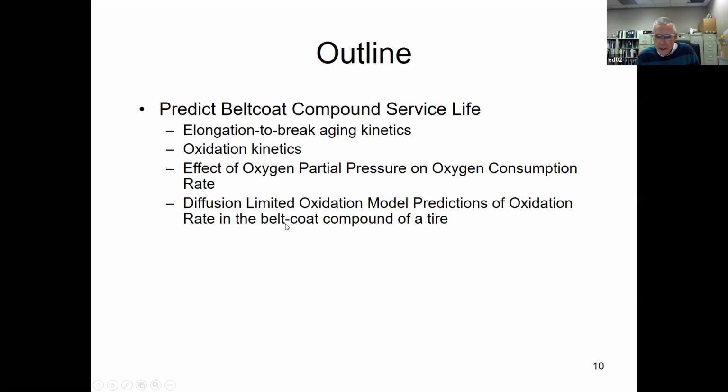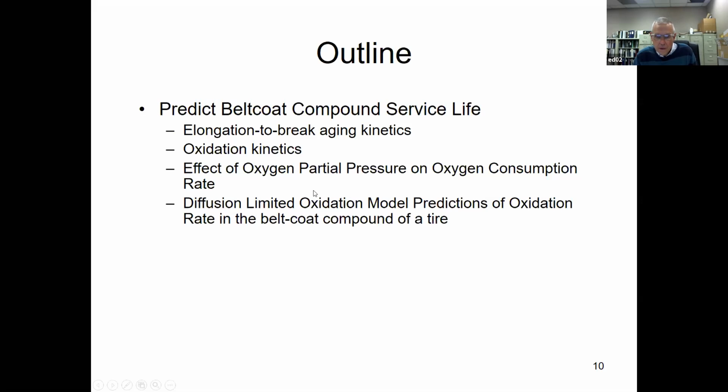The second thing we forgot to incorporate into our model is the duty cycle. In the NHTSA statistics, on average, a tire is in service 4% of its life. 4% of its life, it's a rolling tire, and 96% of its life, it's a static, stationary, parked, inflated tire.